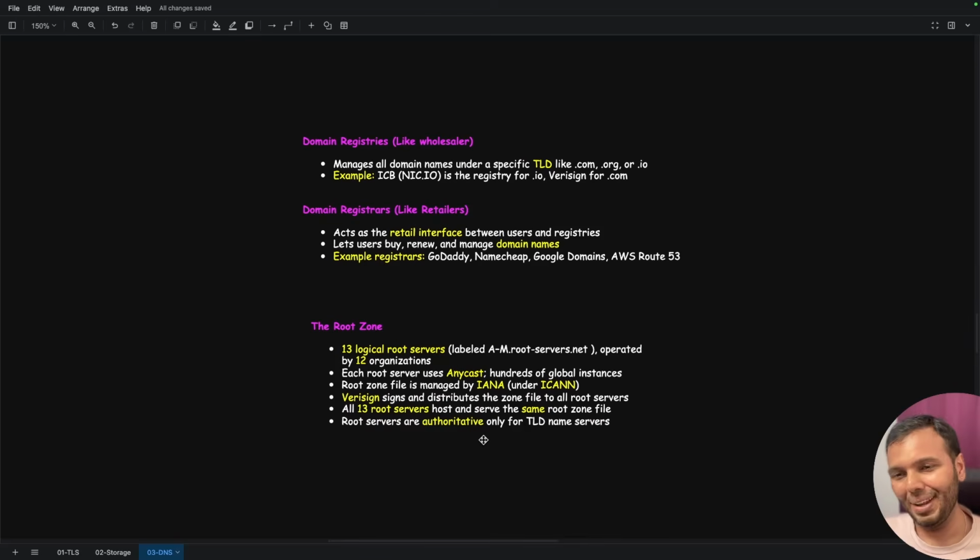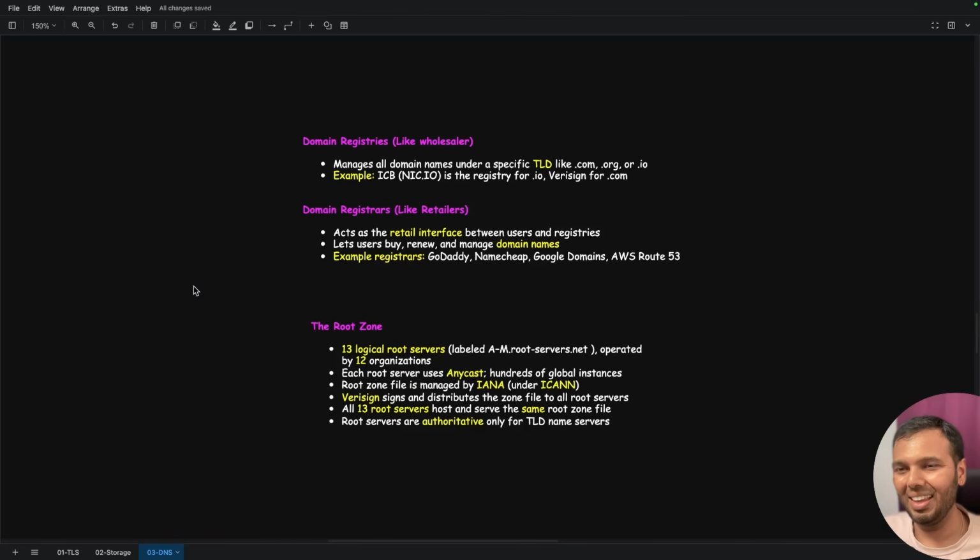Now I want to explain three more terms. I understand there is too much theory in here, guys, but this theory is important to understand the DNS system as a whole. Now, what are domain registries? Think of domain registries like wholesalers. A registry manages all domain names under a specific TLD like .com, .org, or .io.